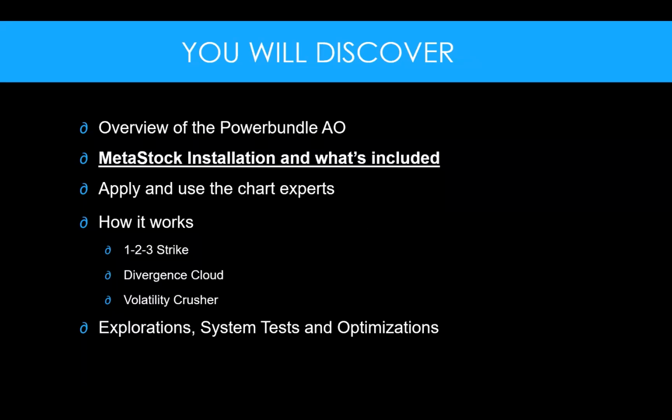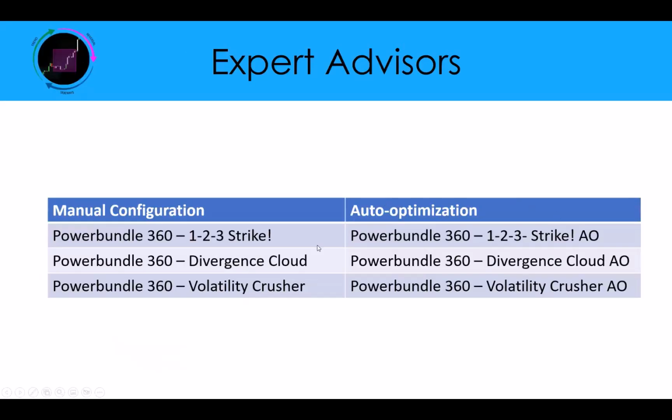Now let's have a look at how we can install the Powerbundle AO for MetaStock and what is included in the installation. Okay, so as soon as you get access to the installation file for MetaStock, it's actually quite simple. All you need to do is to double click on the executable. So if you're on Windows, it will then launch the Windows installer, and it will fully automatically install the Powerbundle AO for MetaStock.